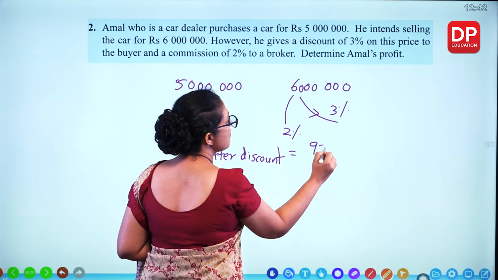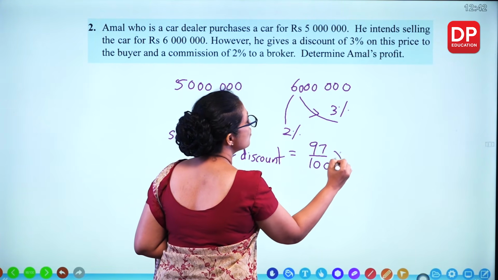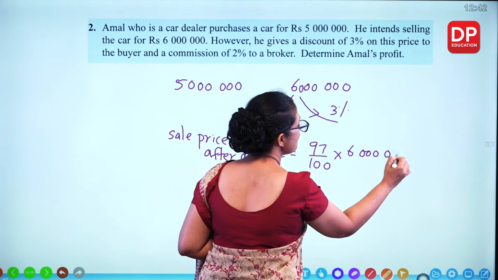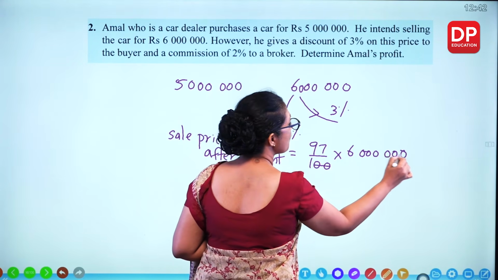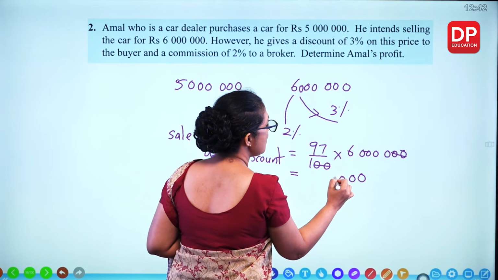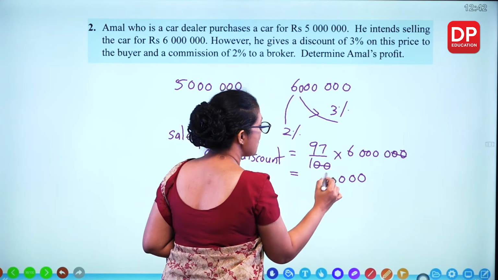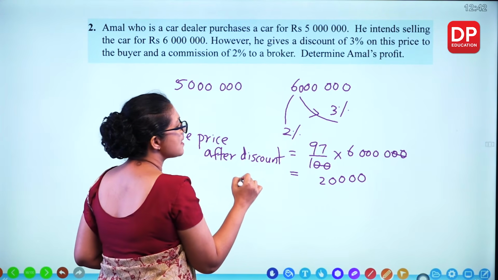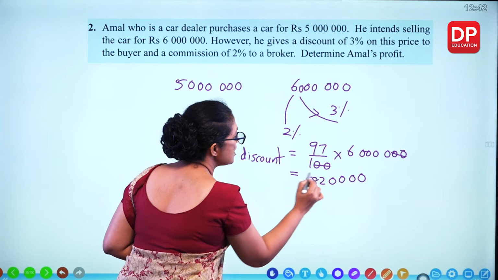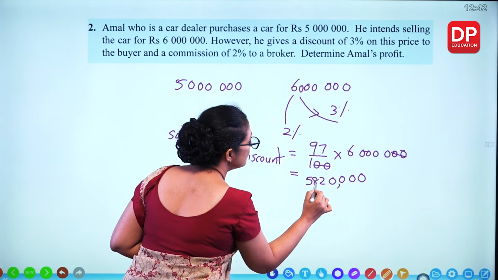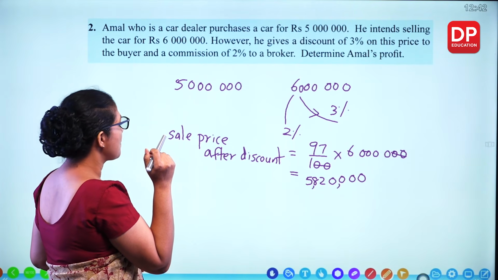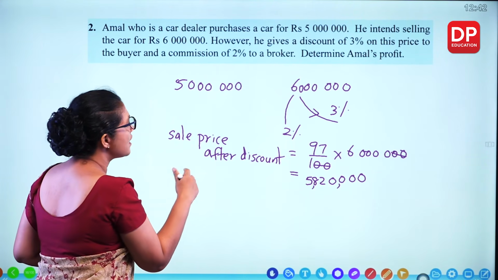So 97 over 100 into 6 million. 6 times 7, 42, 6 times 9, 54 plus 4, 58. 5,820,000. And what about the commission?